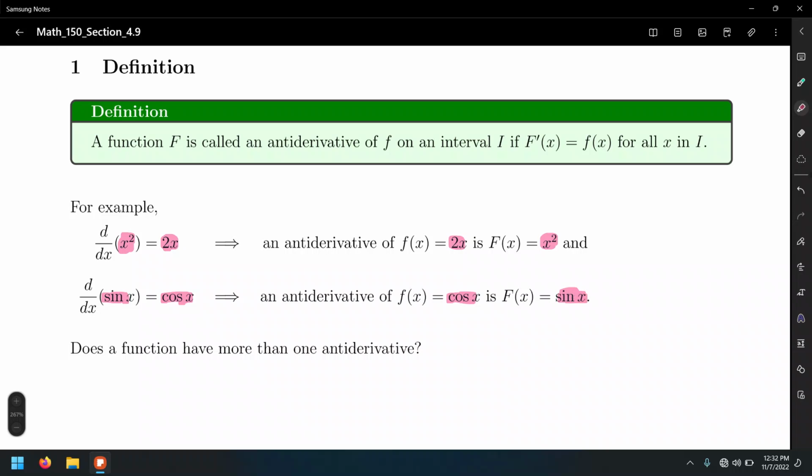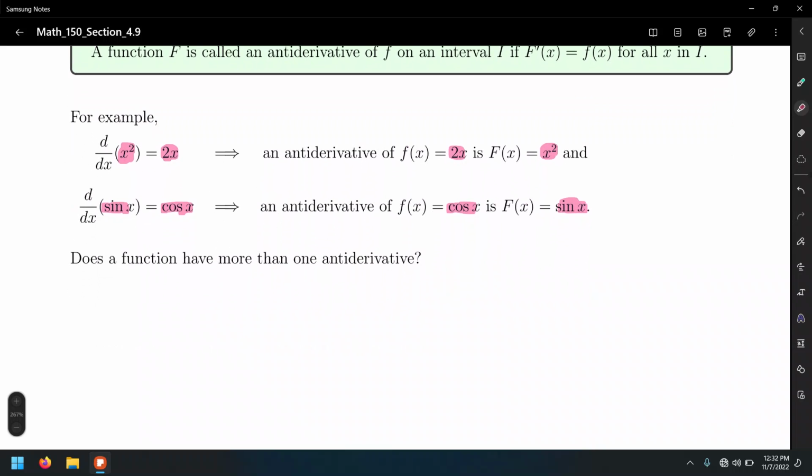However, there is a little downside with antiderivatives. The derivative of x squared is 2x. That's it. A function has a unique derivative. However, a function has infinitely many possible antiderivatives, because there are infinitely many possible functions whose derivative is 2x.